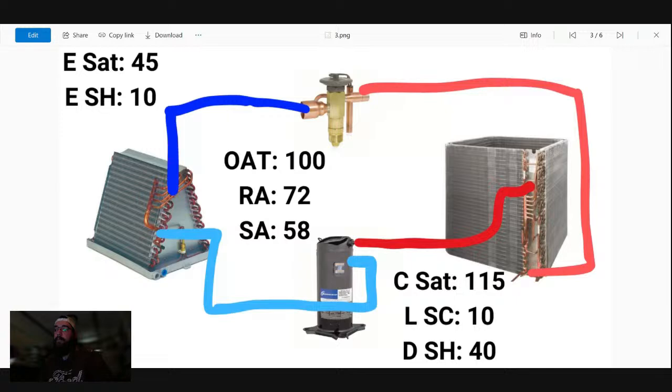Granted, if your outside ambient isn't that high, then your condenser fans may be able to stage enough to mitigate that some.